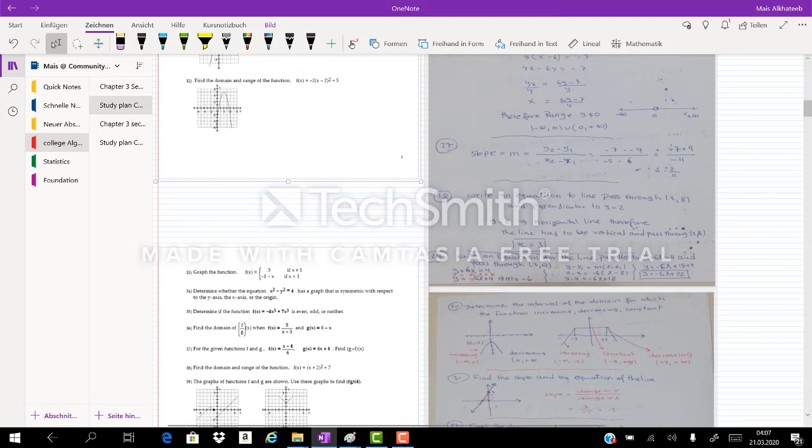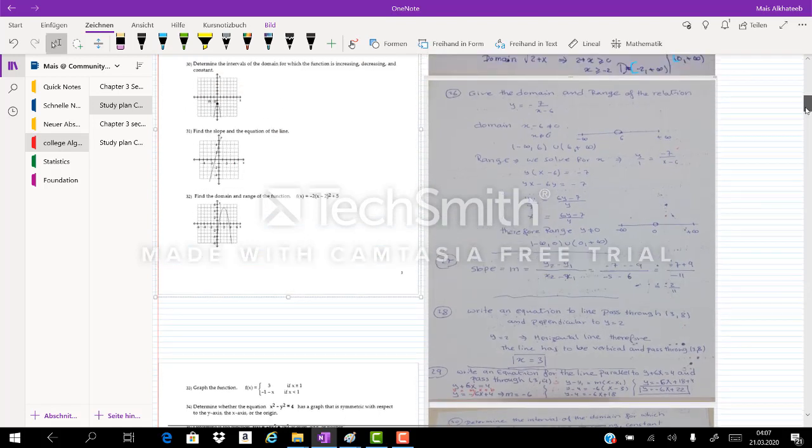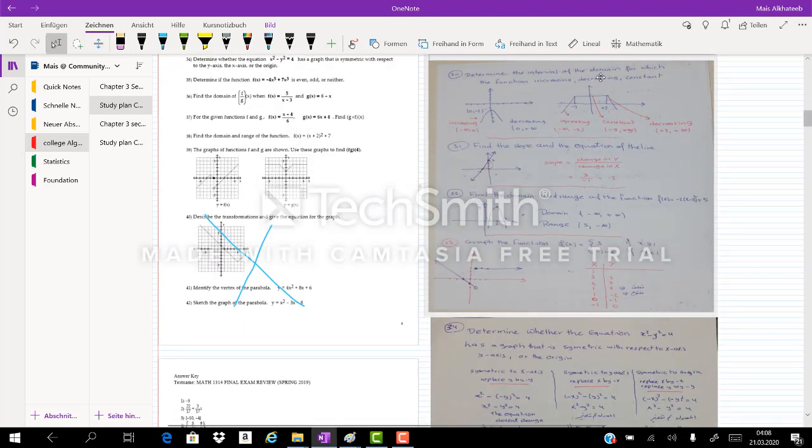Now we go to another example, another sheet. At 30 they want to determine the interval of the domain for which the function is increasing, decreasing, and constant. I write the question here again.